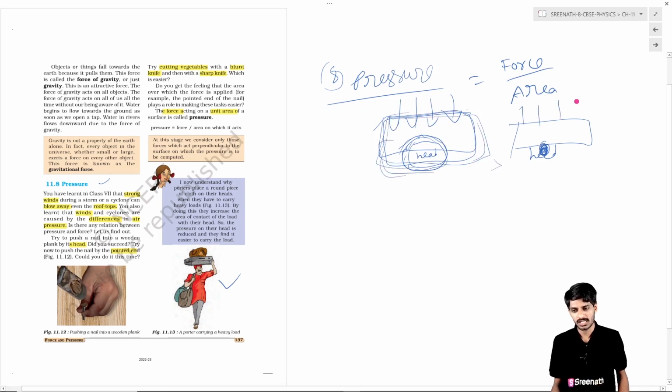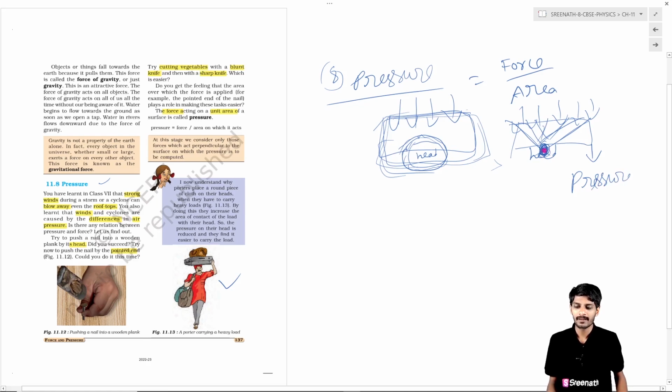But in the other case, the same force is acting, but that force is constrained to a single point only. The whole force is acting at a single point. What happens here? There is large pressure. He feels very much pain at the head.